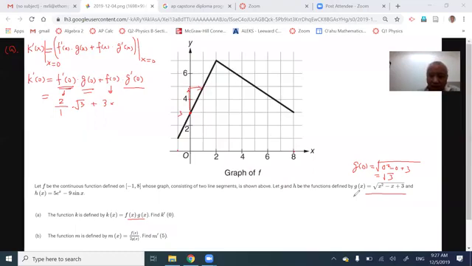How do you find g'? We rewrite g like this. So g(x) equals, in exponent form, (x squared minus x plus 3) to the half power.